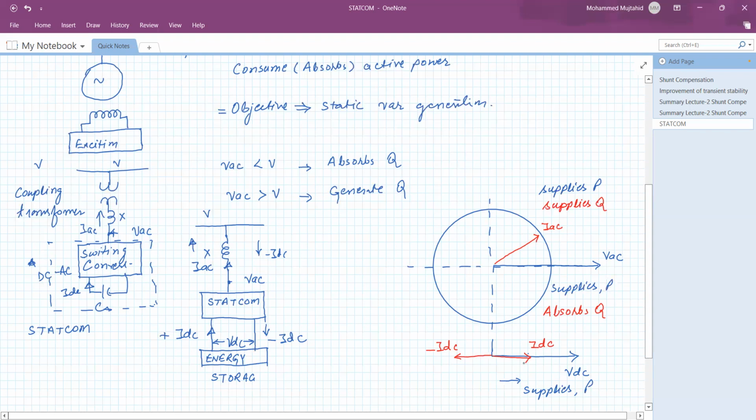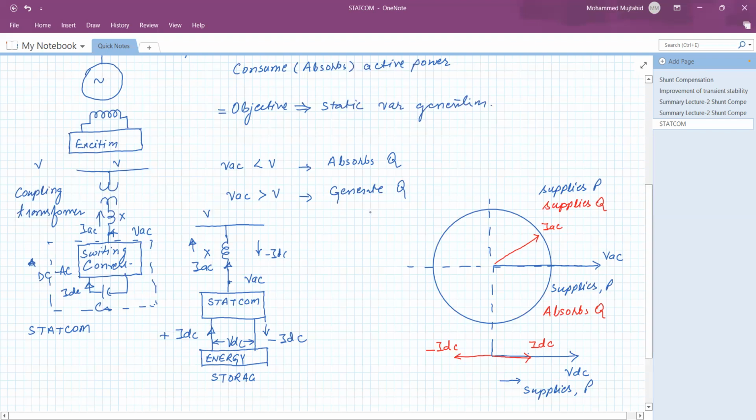Here the IDC is positive. Now, in this case, here the IDC is negative, meaning it is consuming the active power.